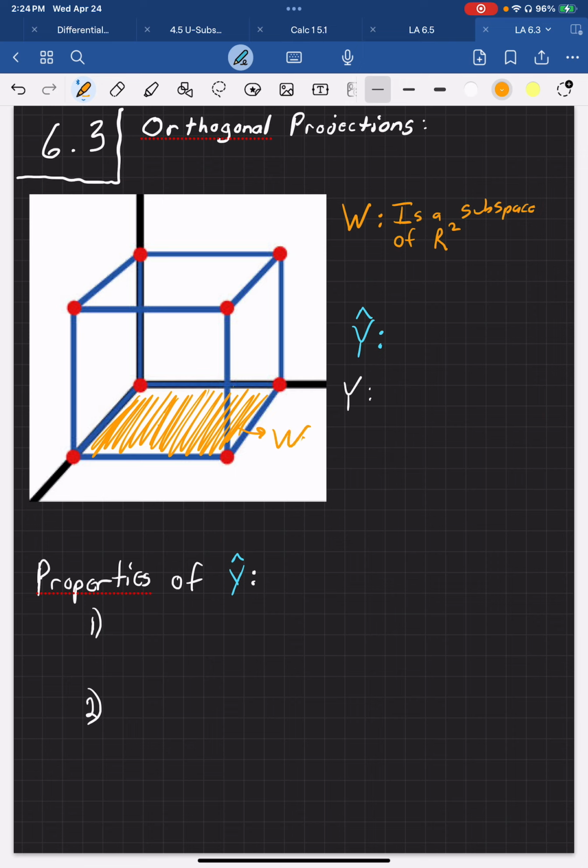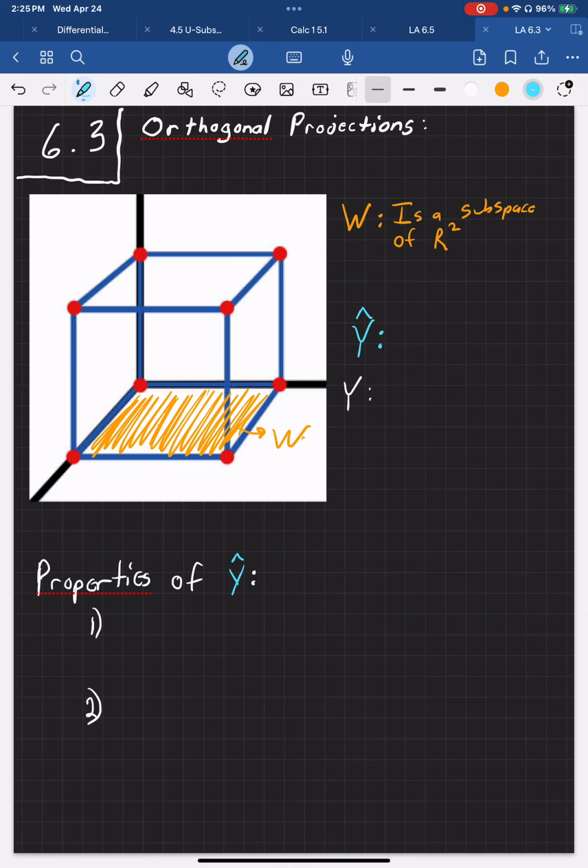Okay, so continuing, we're going to say that there is a point, or well, in the language of linear algebra, a vector in that subspace that we're going to call y hat. So you can kind of notice this little hat above the y notation.